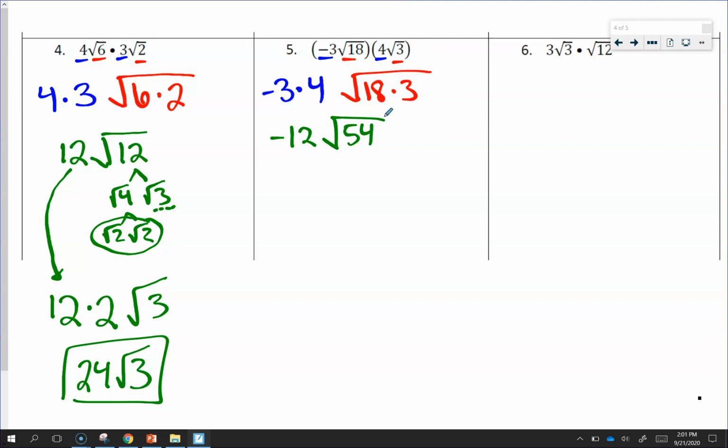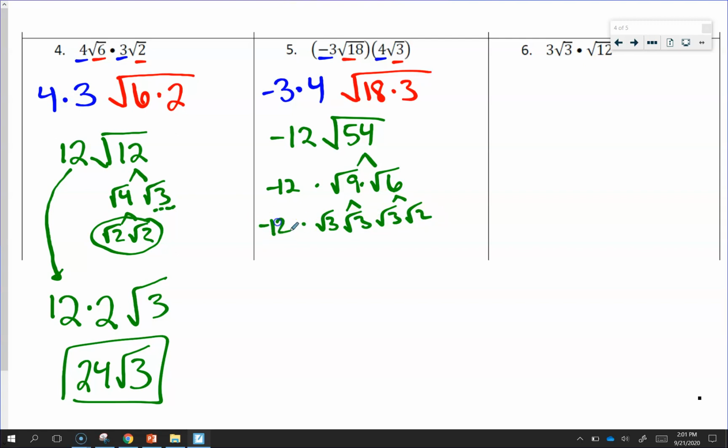Now let's simplify. 54, I can break it apart. What times what is 54? 9 times 6 is 54. Okay. Remember, we still have this -12 out front. 9 can break apart to 3 and 3. 6 can break apart to 3 and 2.